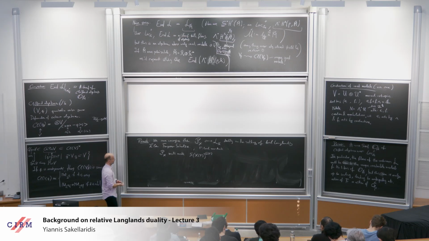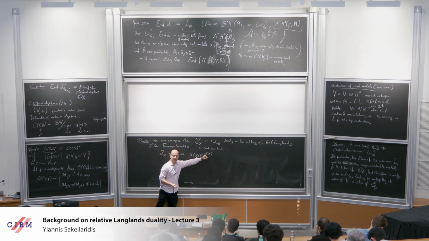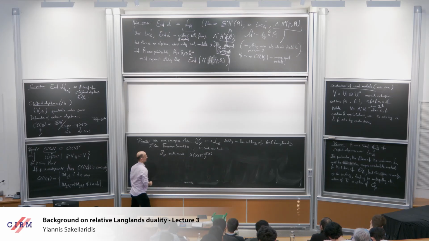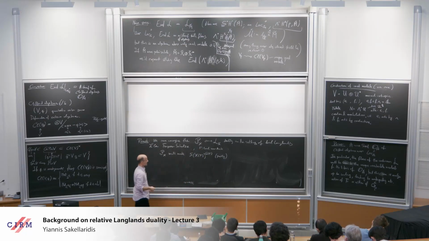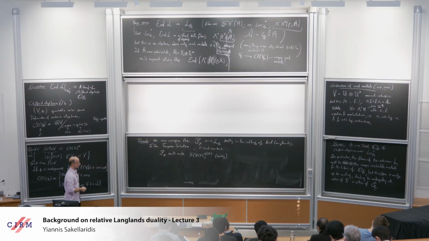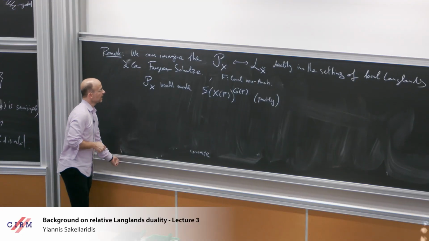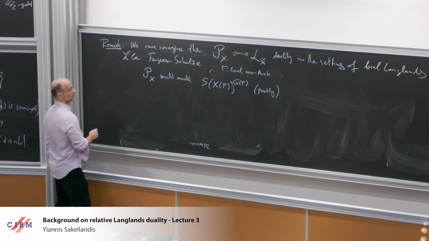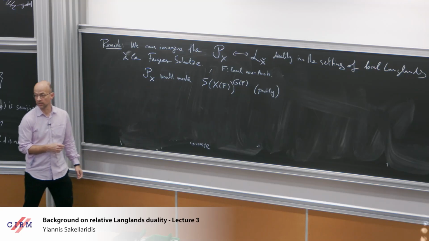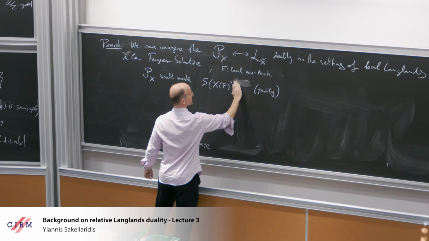The Bun-G in that case has various strata that correspond to various inner forms of G. So at least partly, it would encode this representation plus other stuff corresponding to other inner forms. Sorry? Yeah, not fixed points. I mean with a G(F) action, as a representation of G(F).